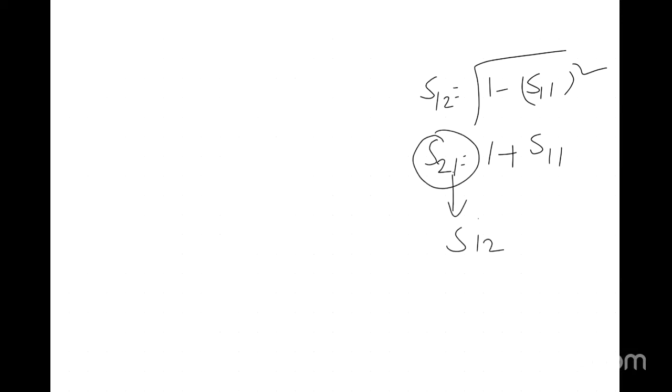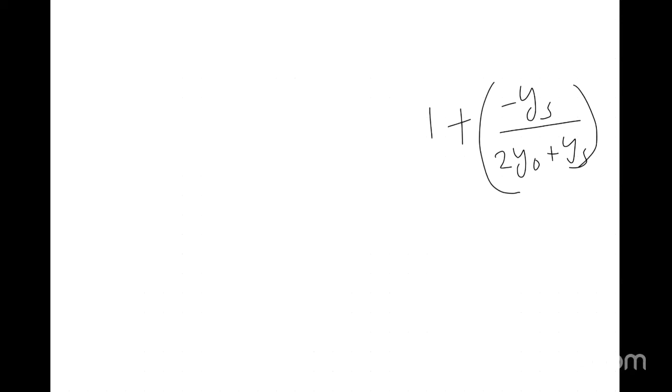Either you can use this formula or that one. Now we substitute 1 plus S11, where S11 is minus Ys by 2 times (Y0 plus Ys). Take the LCM and calculate the final value.